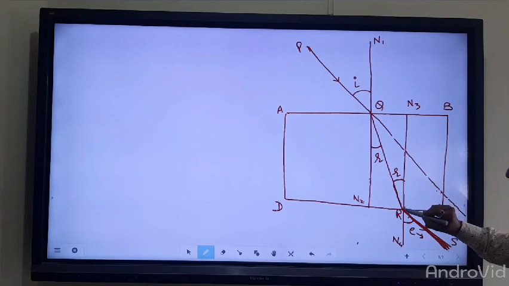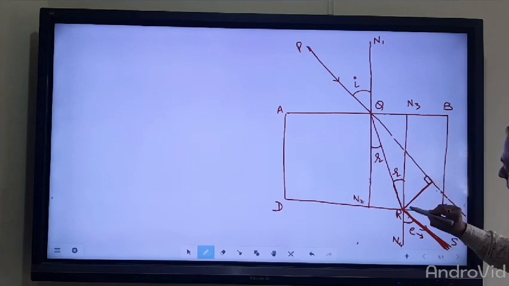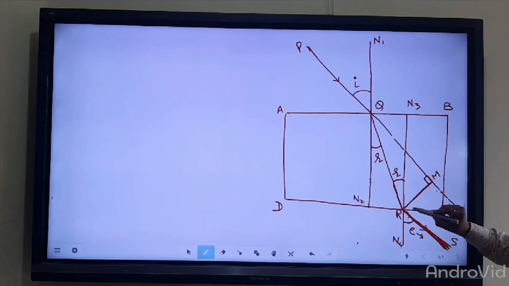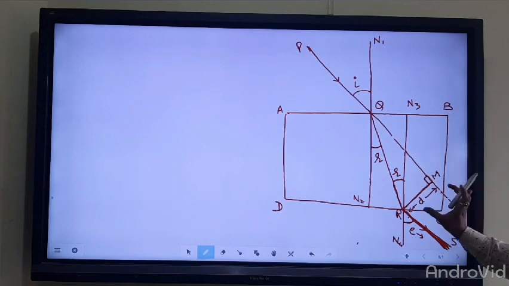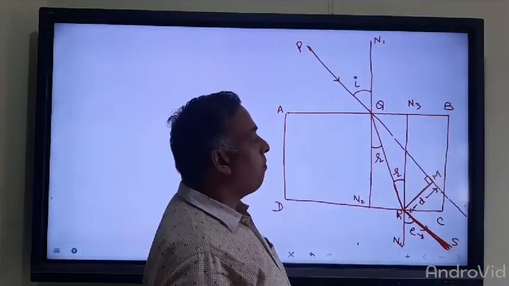So if I draw a perpendicular from here, this comes to be the normal. So this distance, I am taking it to be M, this distance RM is the lateral displacement distance. So this we have to find out, by how much distance it's laterally displaced.